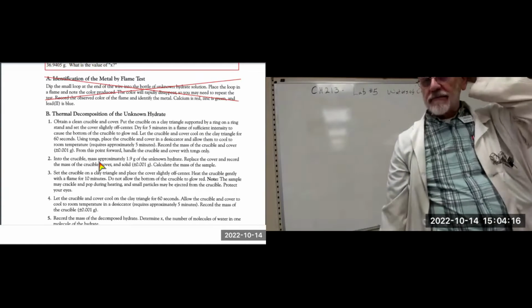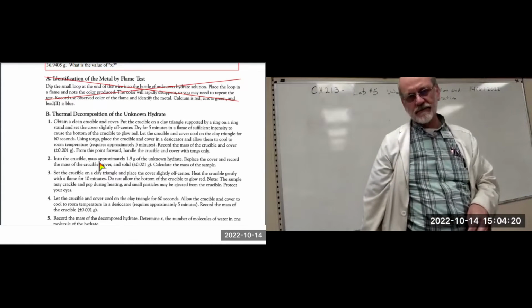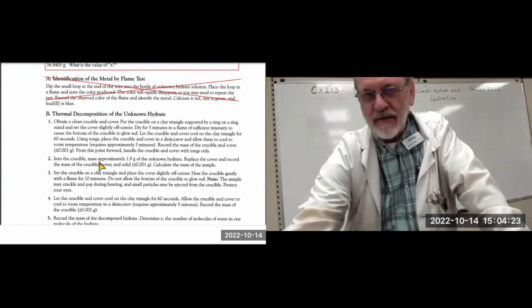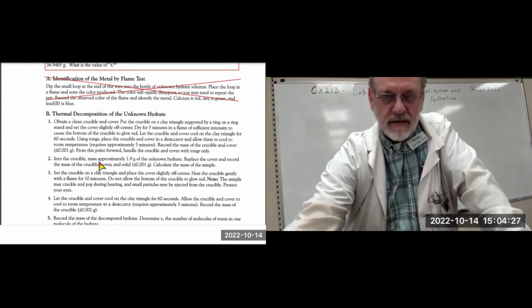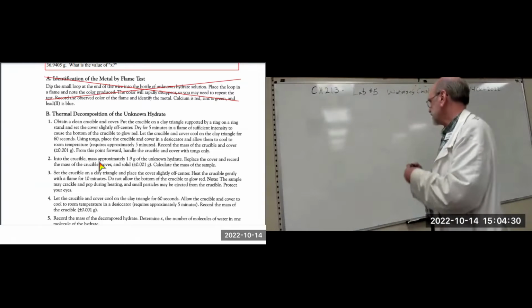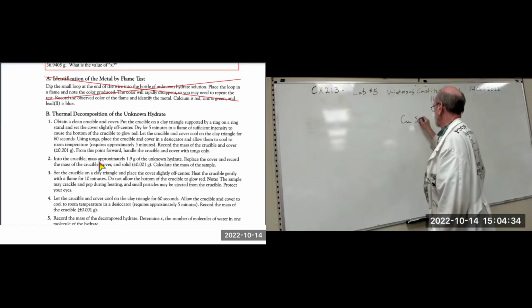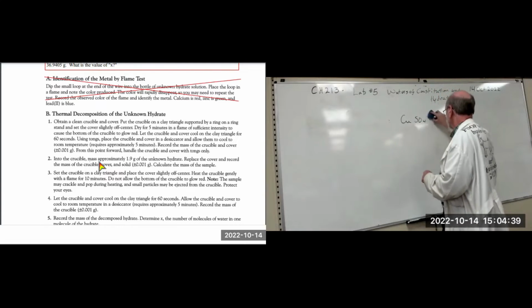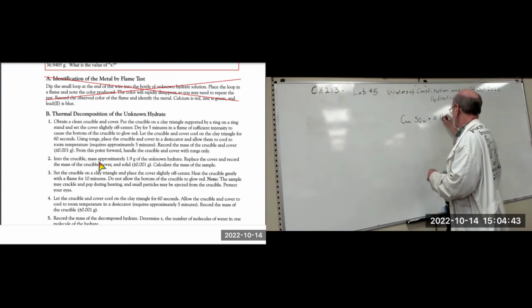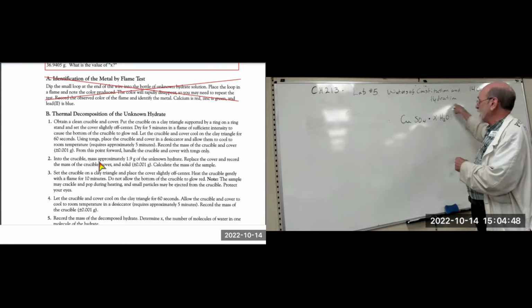First of all, notice that we're not doing the flame test. Flame test never works. So we just throw it out, and the unknown hydrate is actually hydrated copper sulfate. Actually, copper 2 sulfate. And then it has some waters attached to it. Those are the waters of hydration.